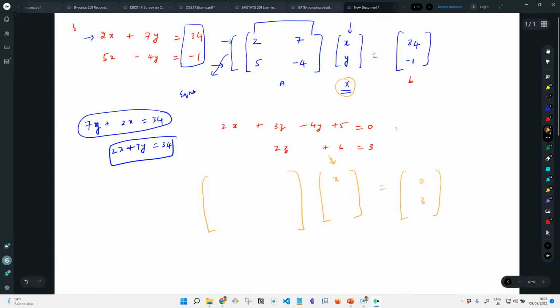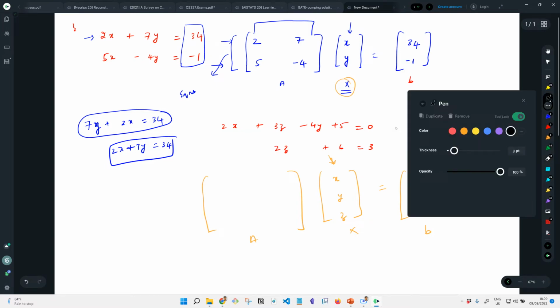X, y, z. Correct. X, y, and z. Now what will come in matrix A? The first row will be 2, 3. I think you made a mistake in 0 and 3 here, right? So you already made a mistake.